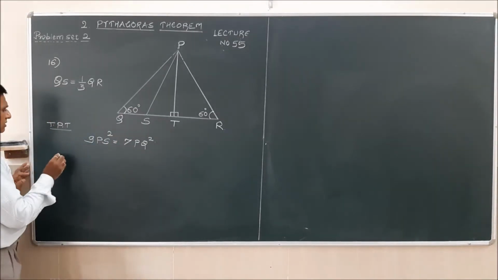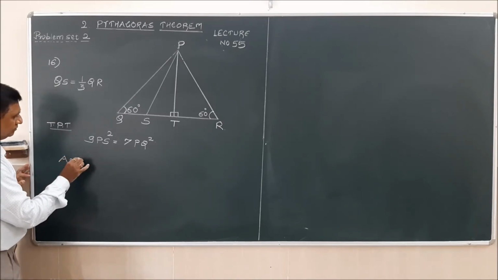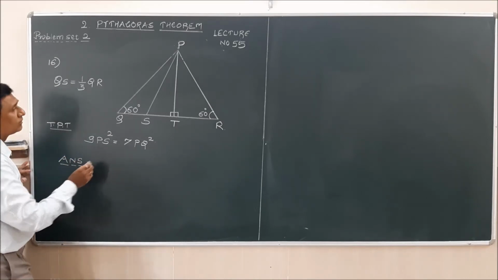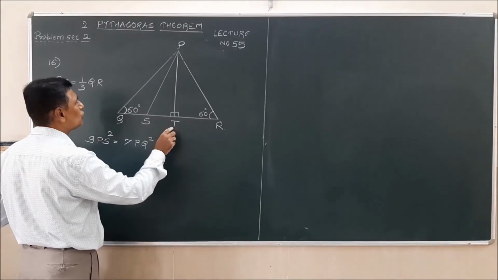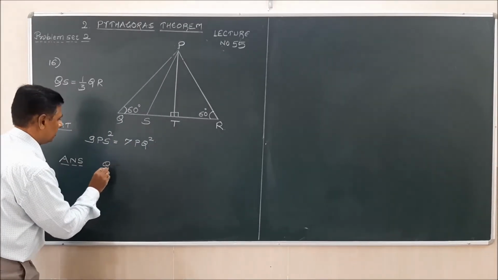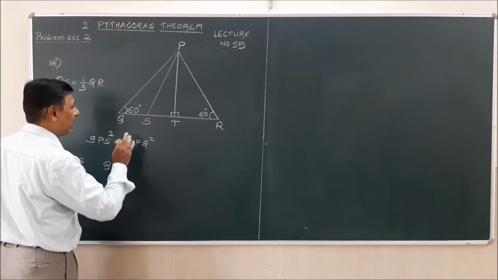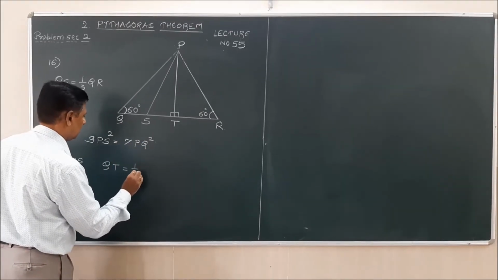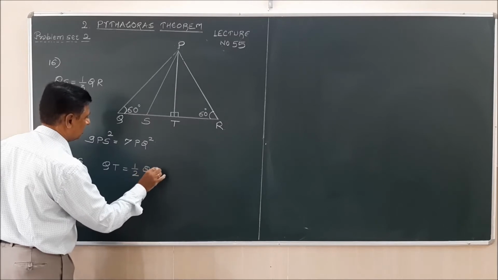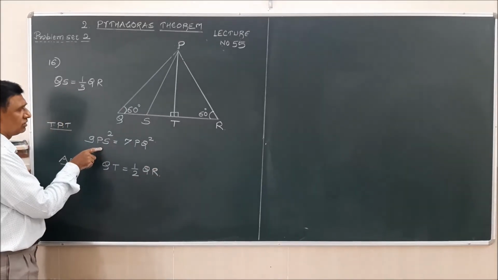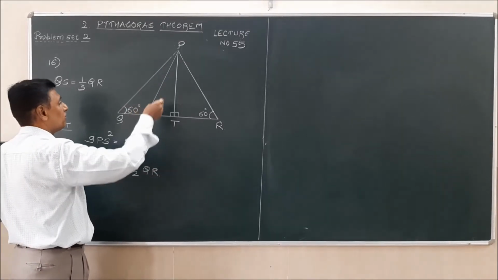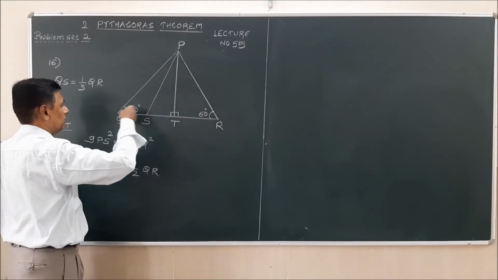Now please try to understand. Now this QT is equal to half QR. Please try to focus on the final result, PS square and PQ square.